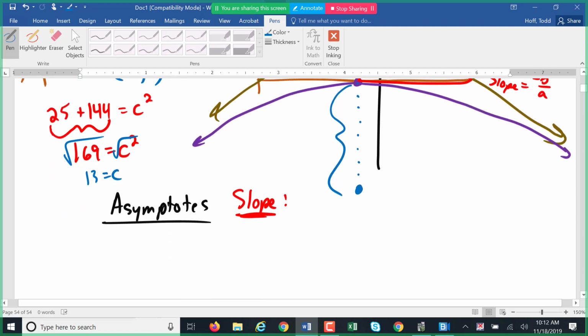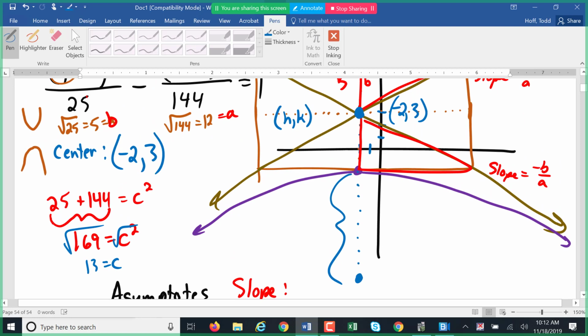The first asymptote, since b is 5 and a is 12, has a slope of 5 over 12 and goes through the point (−2, 3).